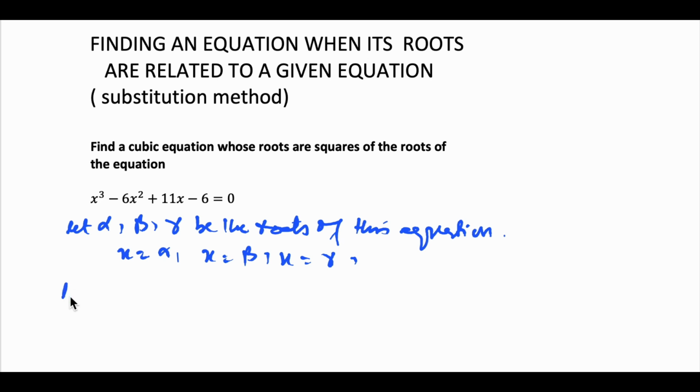Now let alpha squared, beta squared and gamma squared be the roots of the required equation.